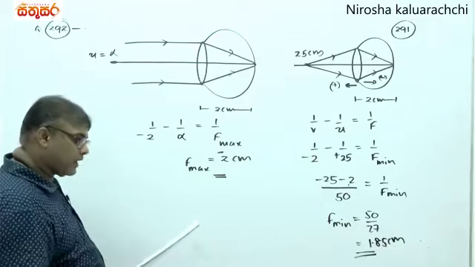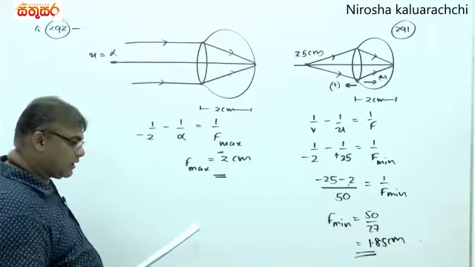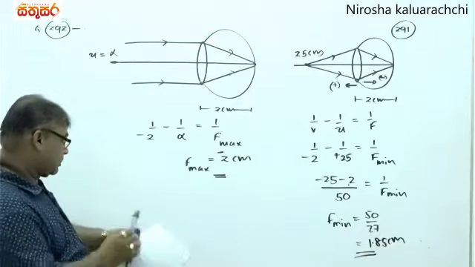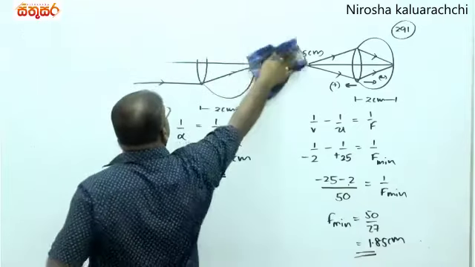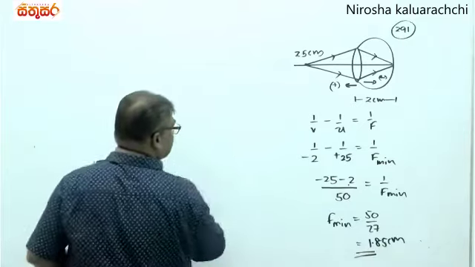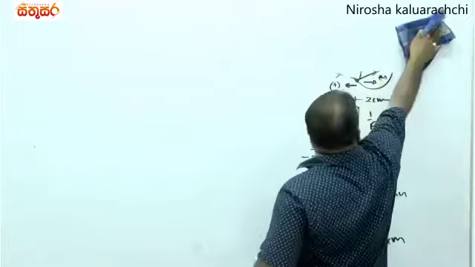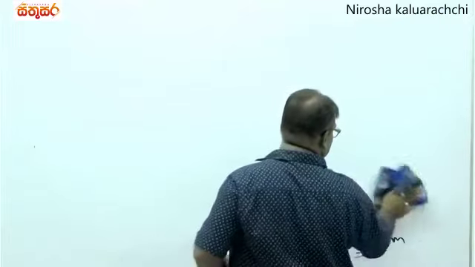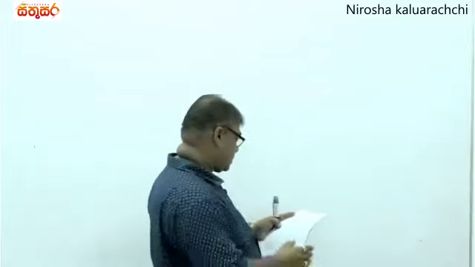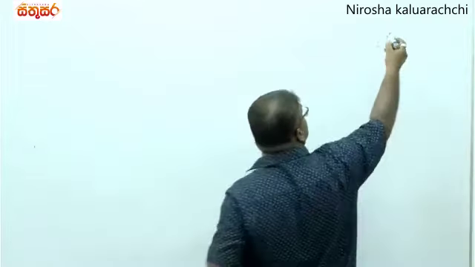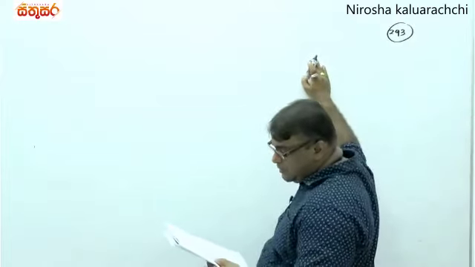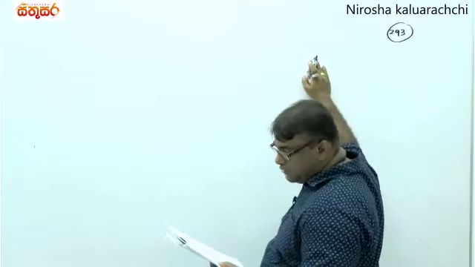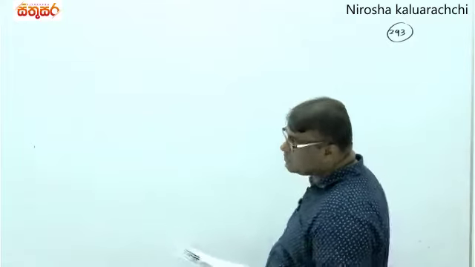Next. Can we consider 293? A person can see an infinity object clearly without using a spectacle when he is using a simple microscope to see the clear image.